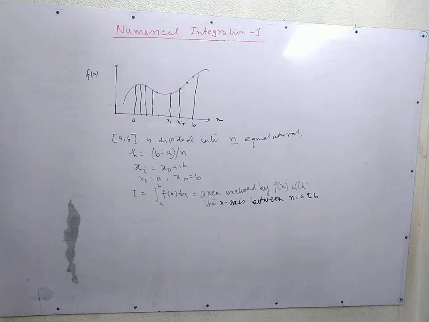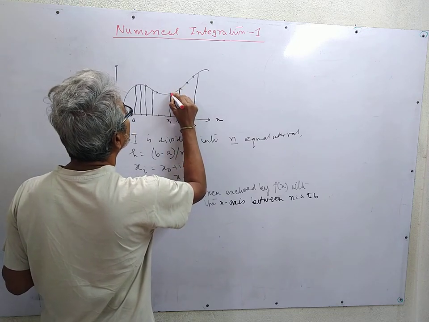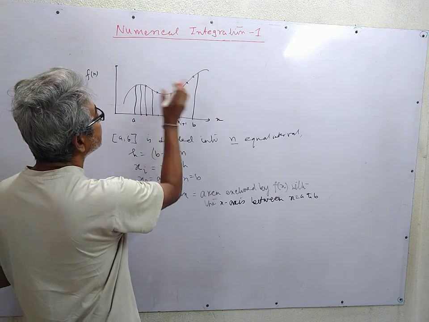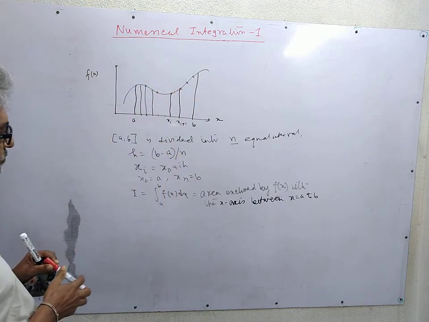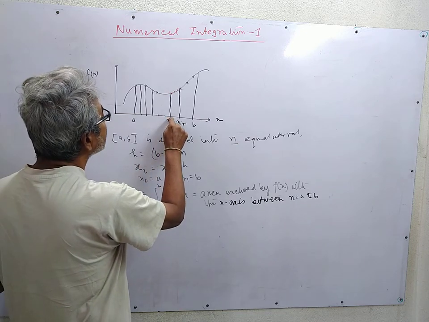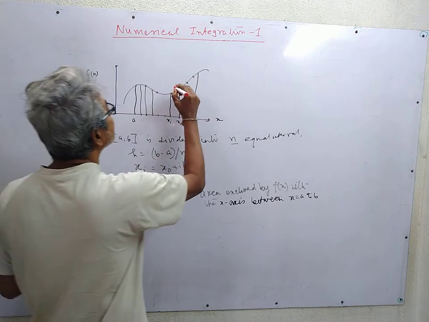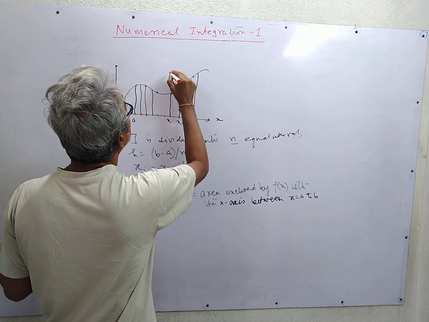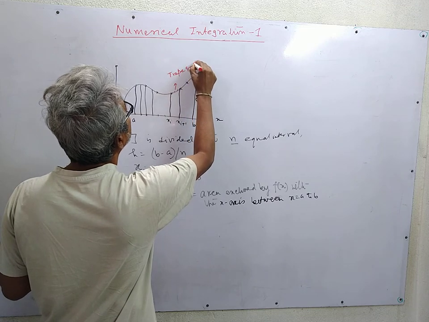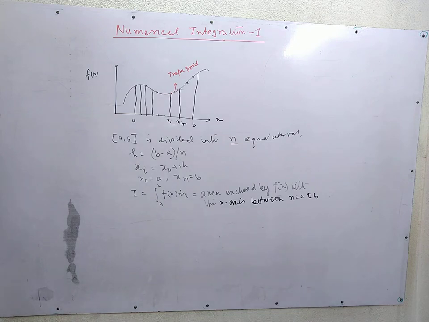In the simplest case, we replace this exact curve by a straight line connecting these two y values. Obviously, in that case, the resulting quadrilateral is a trapezoid. And the corresponding rule is called the trapezoidal rule.